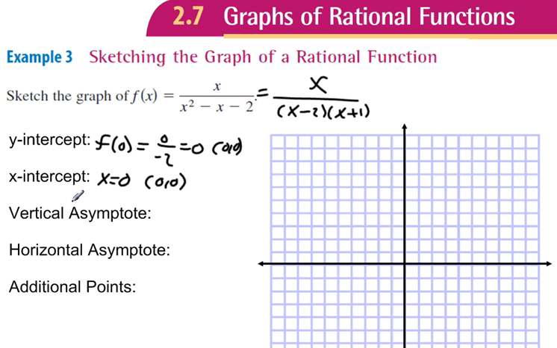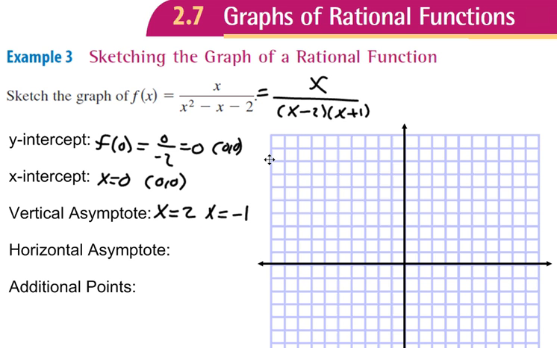Very nice. Vertical asymptote means: what x value will make the denominator 0? If I plug in a 2 right here, won't that make the denominator 0? Right, because it's 0 times that. Or if I plug in negative 1, that will make this whole thing 0. So I have 2 vertical asymptotes, at 2 and at negative 1.